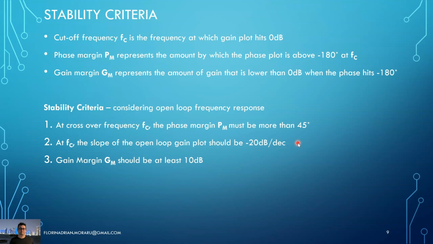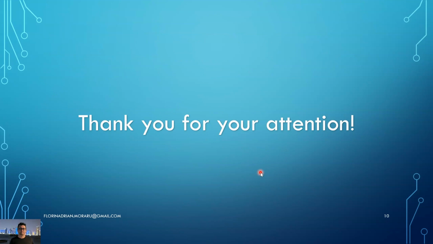We need to have a slope of about minus 20 dB per decade at the 0 dB crossing, or at cutoff frequency. We want to have a phase margin of more than 45 degrees or 60 degrees depending on the application, and of course we would like to have a gain margin of around 10 dB. Okay, so that is about the stability criteria.